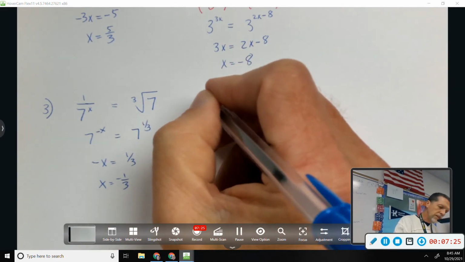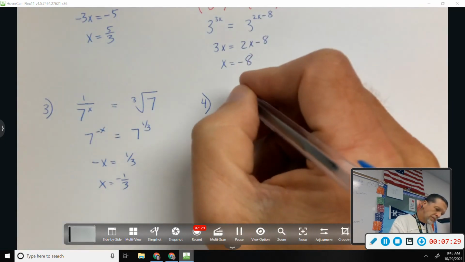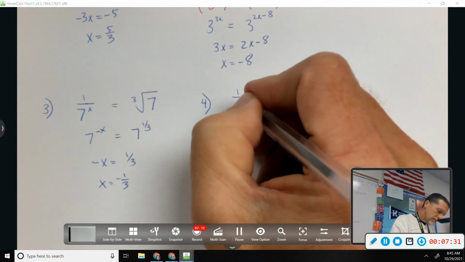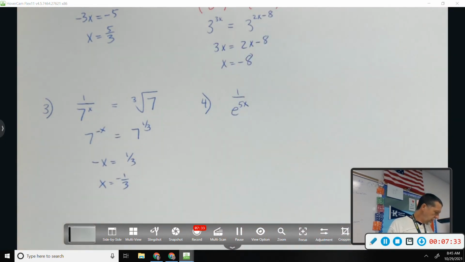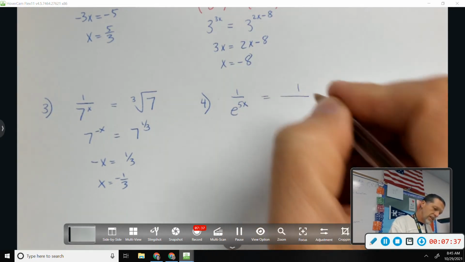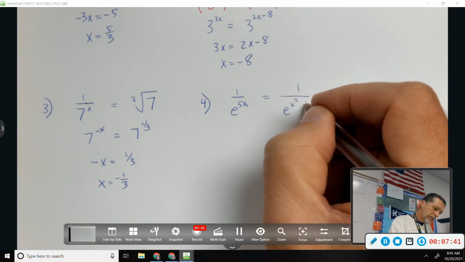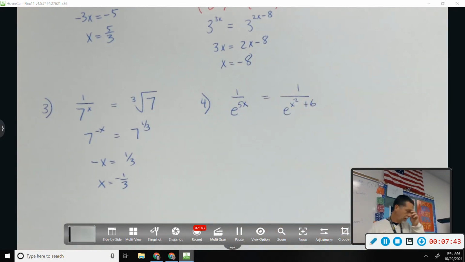Let's do one more of this type, and we'll go to the other. 1 over e to the 5x equals 1 over e to the x squared plus 6. So would you just make it negative 5x and negative x squared?